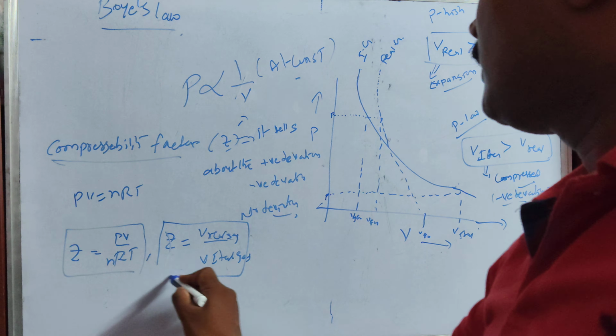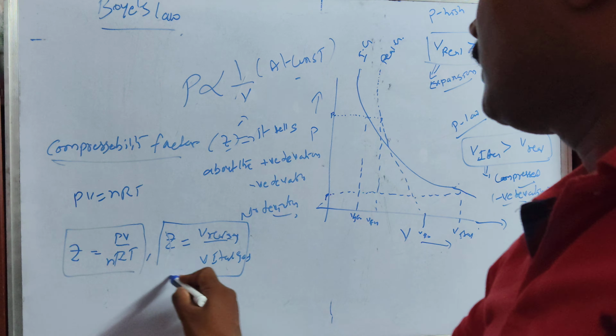If Z is less than 1, then PV is less than nRT, V real is less than V ideal, which means a negative deviation from ideal behavior.